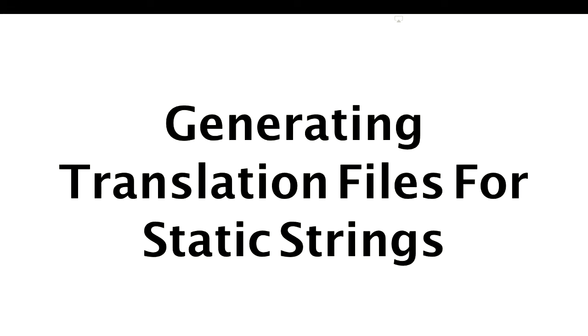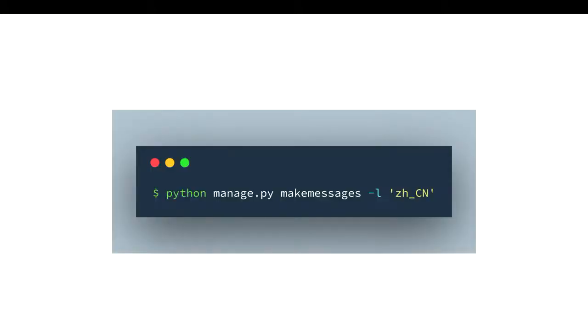So now that we have all the static data marked with the trans tag, ugettext, and ugettext_lazy methods, it's time to generate the translation files and fill in the translations. For generating the django.po files for simplified Chinese, we'll run the following built-in management command, which is makemessages. It accepts a flag, which is -l, and then you say whichever language code you want to have static translation for.